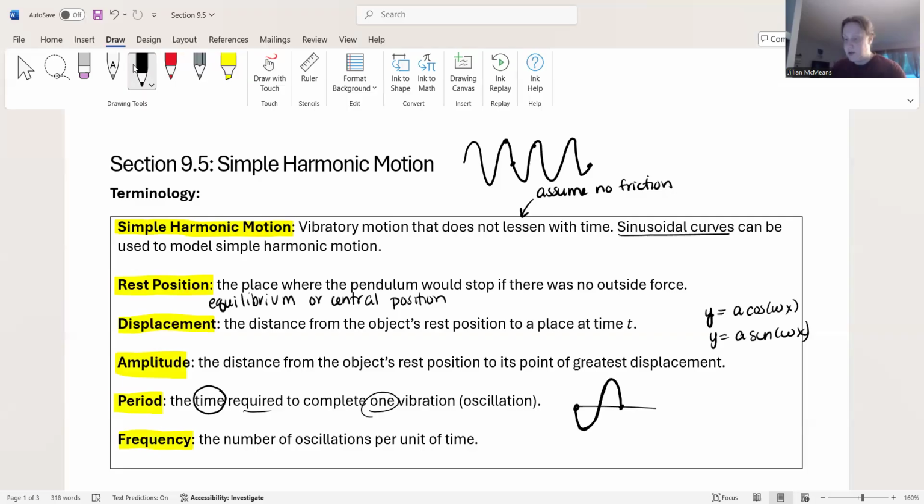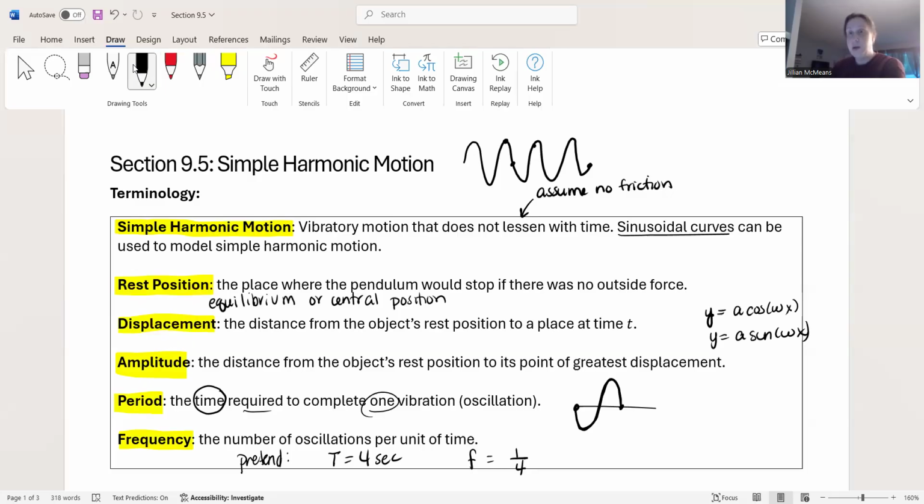So let's just pretend. I'm even going to put pretend here. Pretend that our period is 4 seconds. That means it's going to take 4 seconds for one full oscillation to occur. Well, then the frequency, which we usually write with a lowercase f, is just going to be 1 over 4. It's quite literally the reciprocal of whatever your period is, because we want to know how many oscillations can occur in one unit of time.